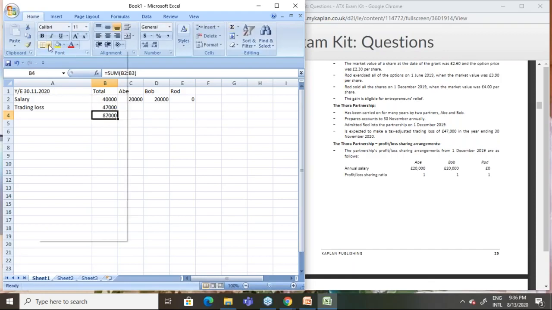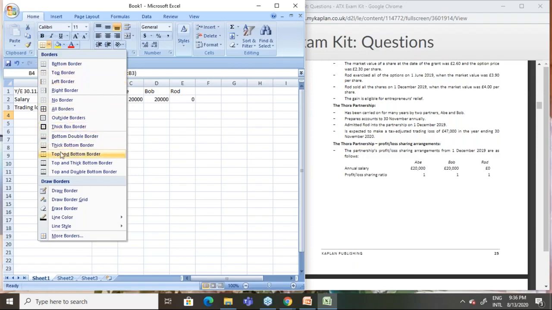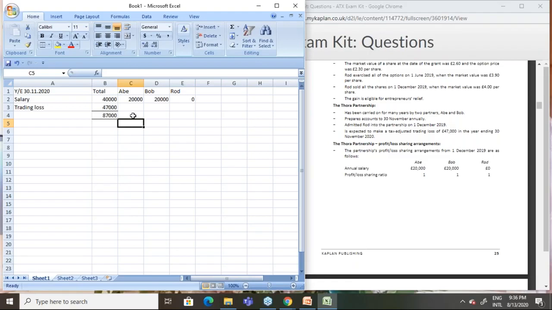Therefore, the total loss is actually 87,000 here.